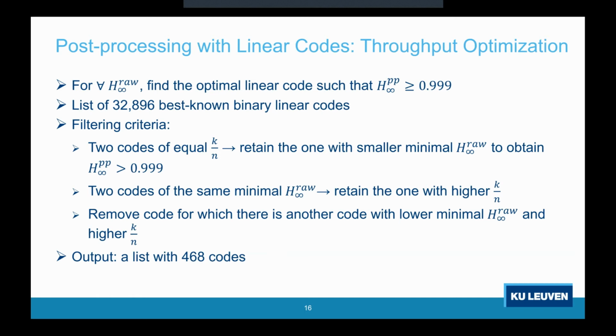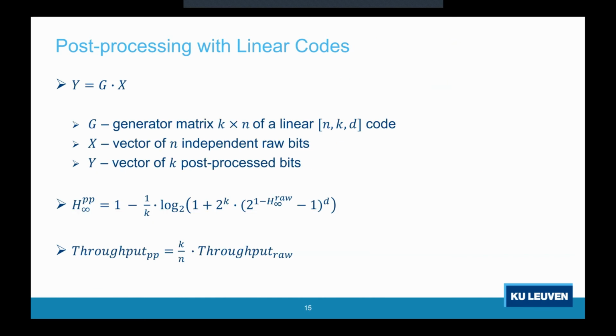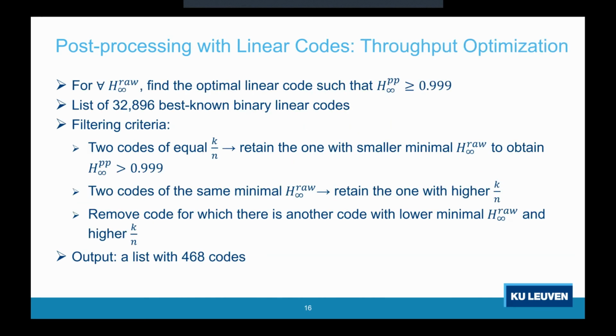Thus, this selection depends on the existence of the linear code with needed dimension k, as calculated by this formula, and minimum distance d, as well as the rate of the code k over n, because we also want low influence on the throughput. So we start with a list of around 33,000 best known binary linear codes, and construct a sorted list of suitable codes.